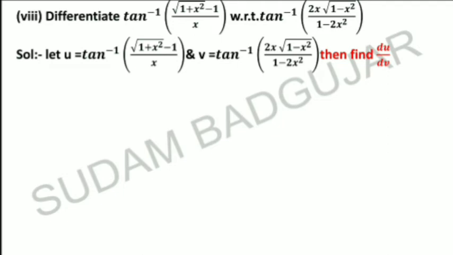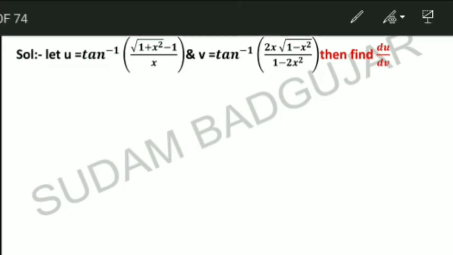substitutions. In u you have under root of 1 plus x square, so put x equal to tan theta, and in v there is 1 minus x square, so put x equal to sin theta. In inverse trigonometric functions, expansion and substitution are used.